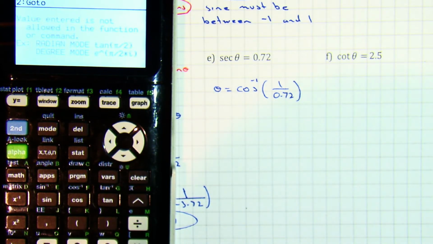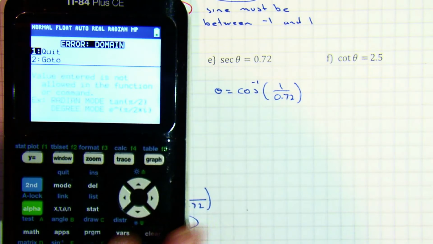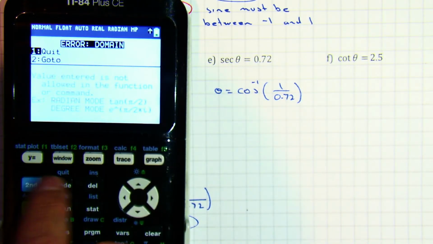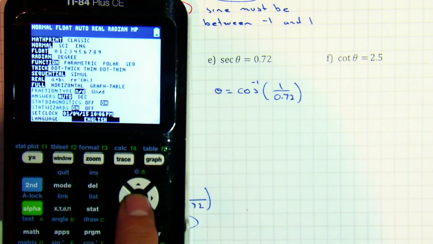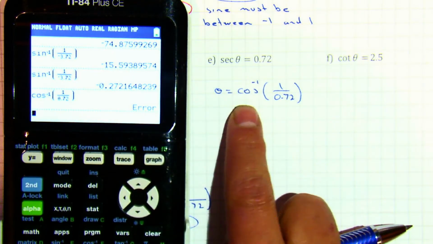And it's an error. Did I mess up again? Let's see, mode. It's on radians, which is fine. So why is it giving me an error?